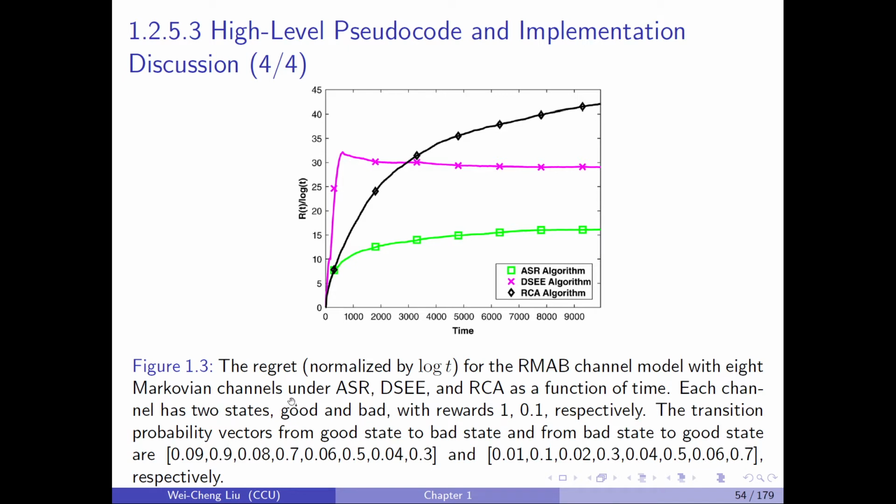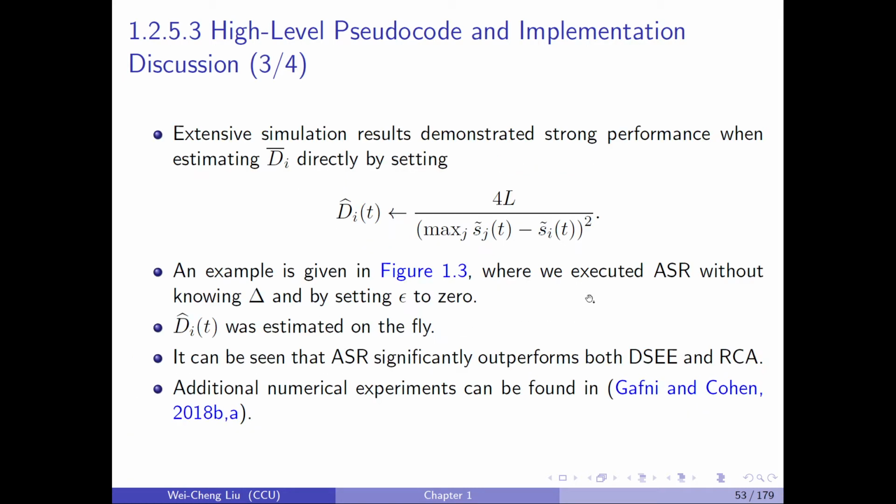8 Markovian channels respectively. In this figure we can see that there are 3 different algorithms. The green square is the ASR algorithm, the red X is the DSEE algorithm, and the black diamond is the RCA algorithm.